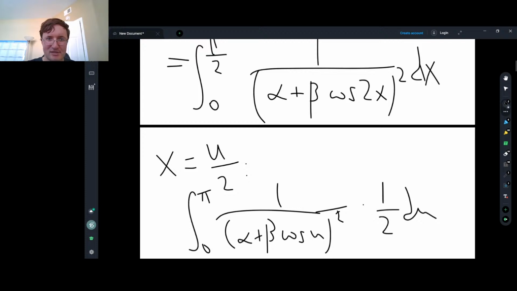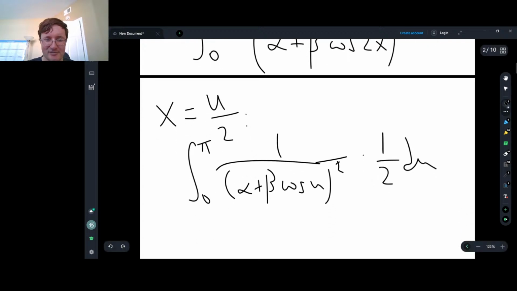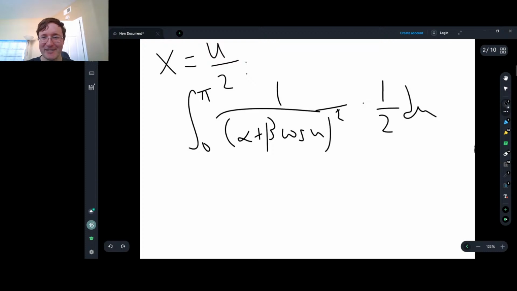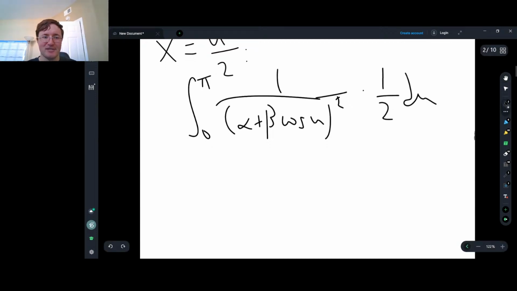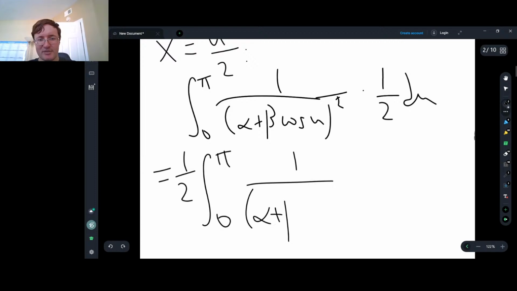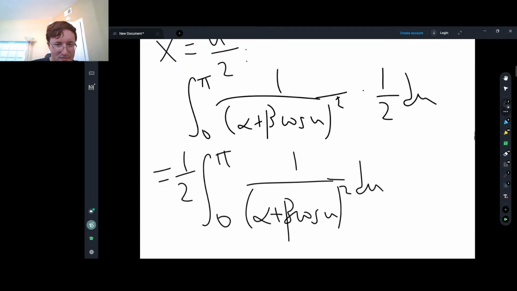Let's see. I know a trick that will work here, but I'm trying to think if there's a better way of doing it. I guess I'm just gonna go for it. 1 over (alpha plus beta cosine u) squared du. Oh, I could do differentiation under the integral sign.